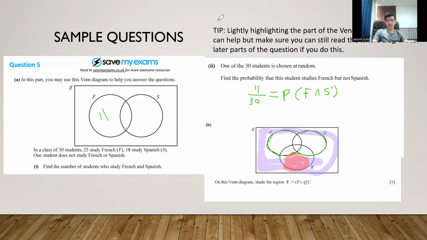So the part that you will shade for this question is going to be this, and that's going to be your answer for R intersecting P union Q whole complement. So this is going to be your final answer. Okay, let's take a look at another question.